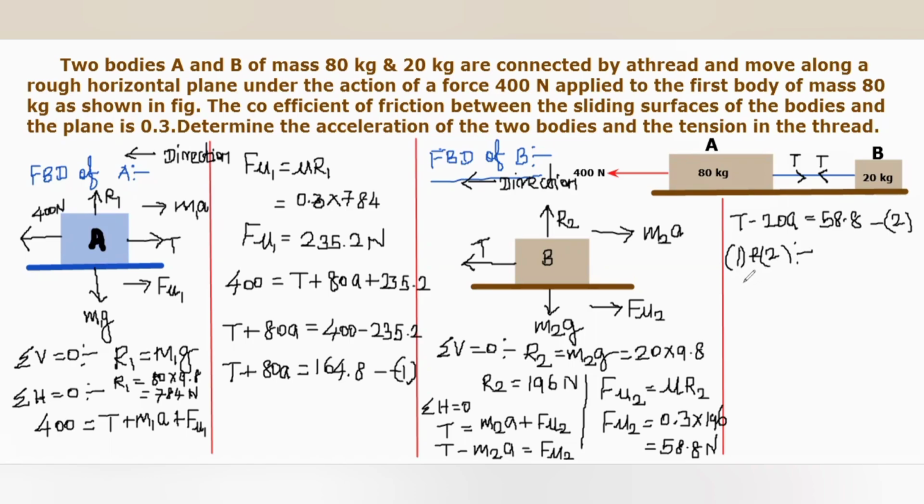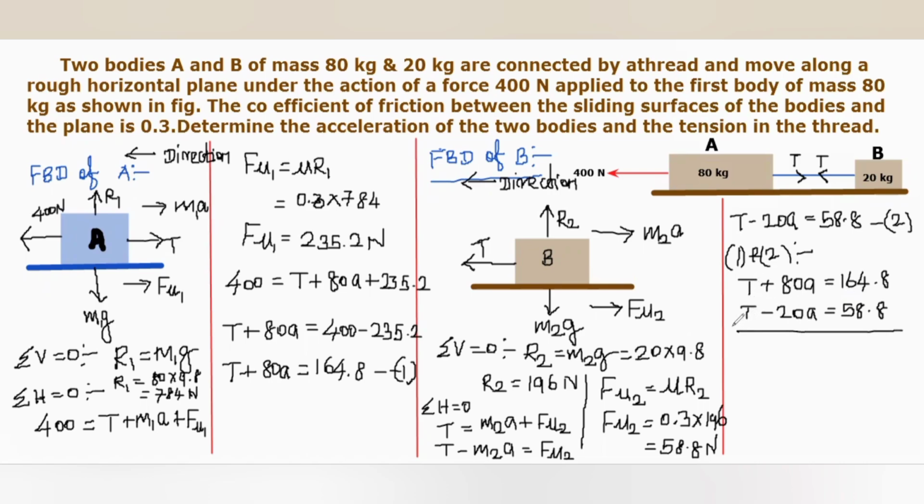The first equation, T plus 80A equals 164.8. The second equation, T minus 20A equals 58.8.